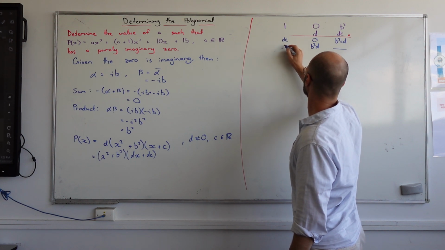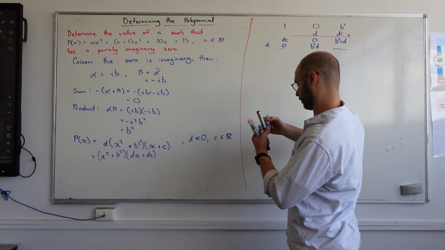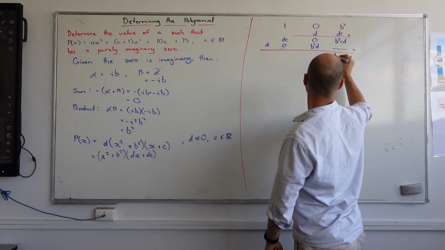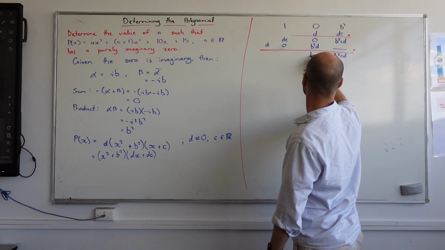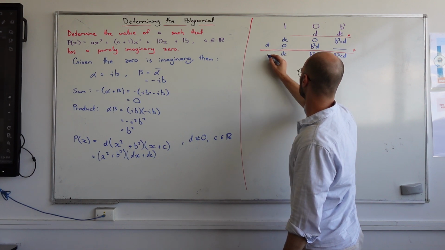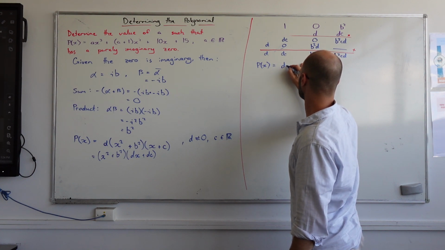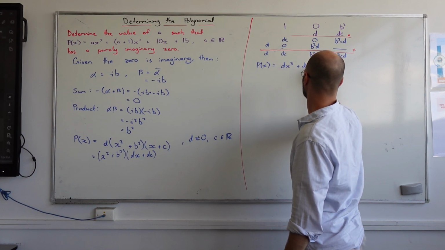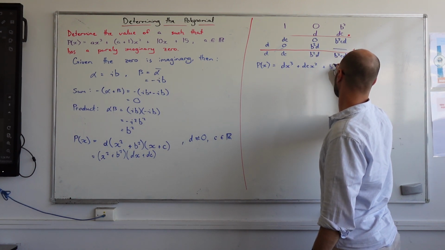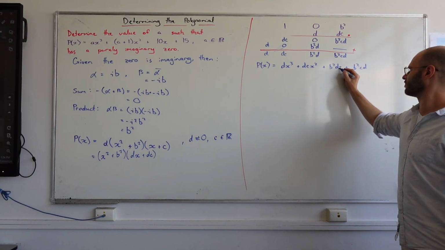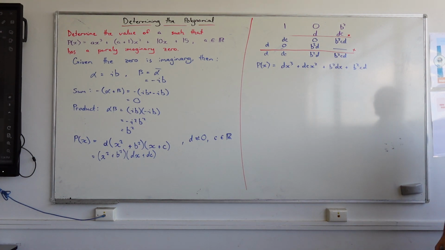So we get p of x equals dx cubed plus dcx squared plus b squared dx plus b squared cd. Do we agree? Yeah. Alright, cool.